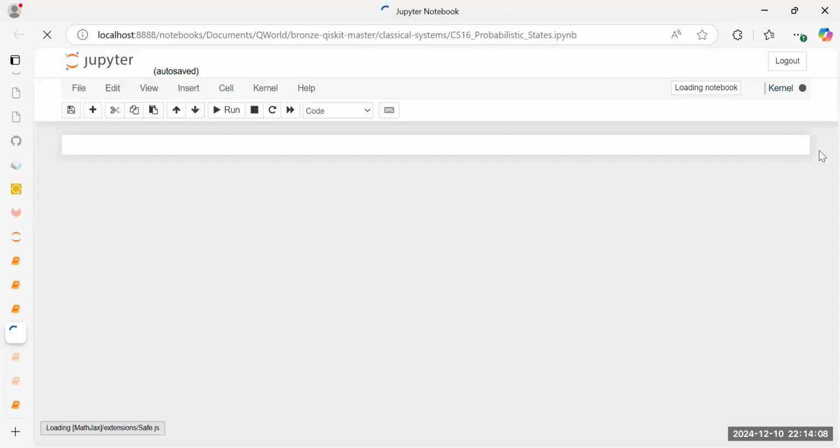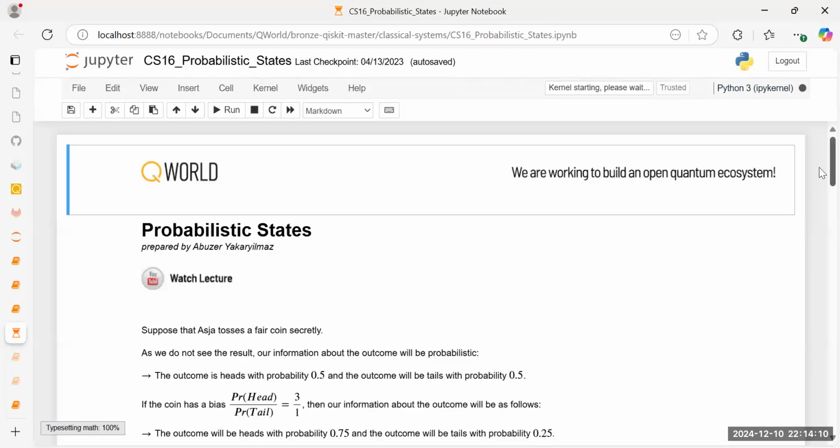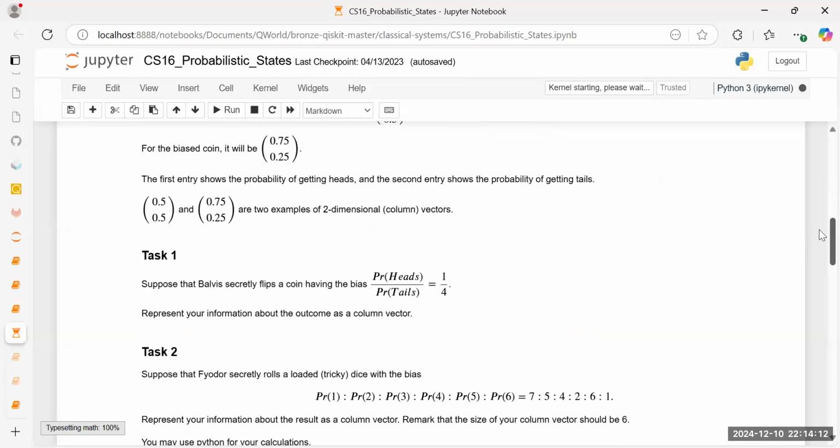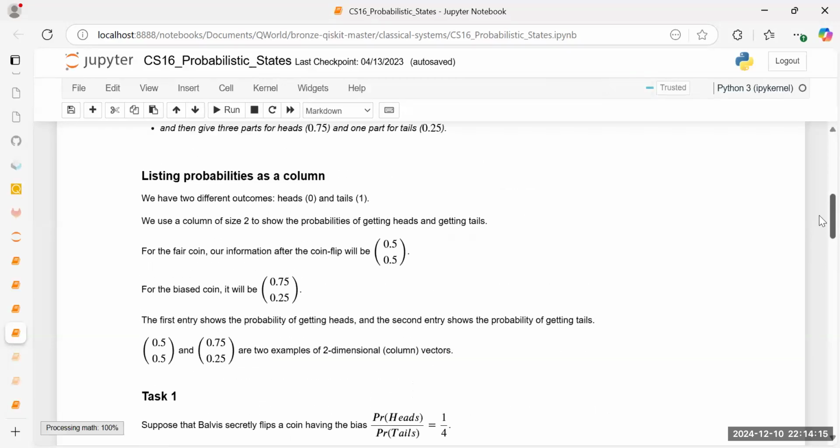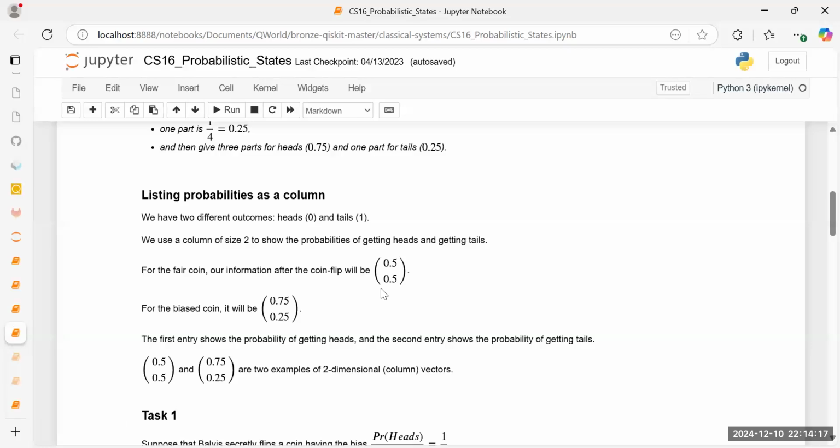Then we moved on to look at probabilistic states. And as we've been talking of tossing coins thus far, we can have a probabilistic state here to represent the information regarding a fair coin toss.